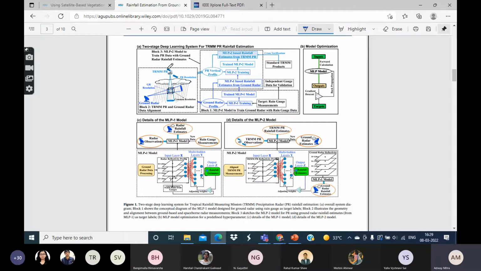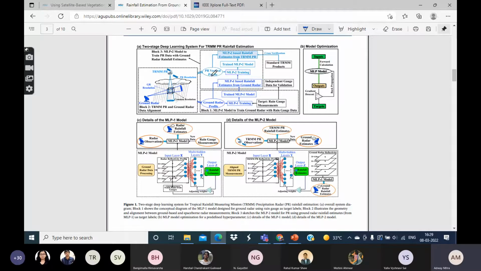Now comes the second one, x2. As you can see here, the observations are the vertical profile. Because the spaceborne radar is above, it is taking a vertical image of the region, while this was the horizontal image. Now what we want to do is predict the values of the rainfall from these vertical profile images.